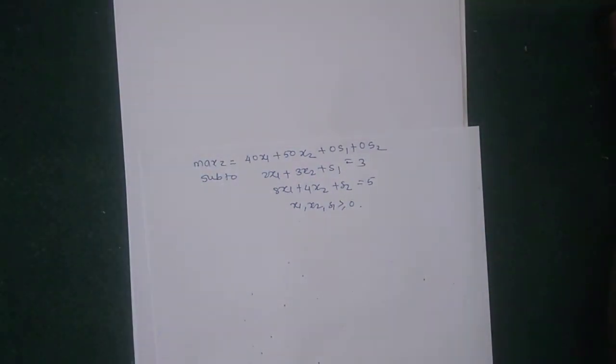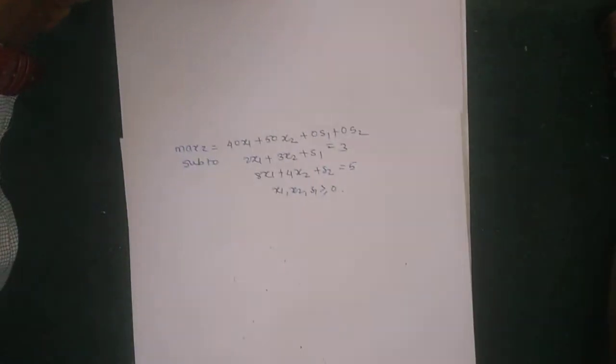Using this LPP we have to find the Zj minus Cj.